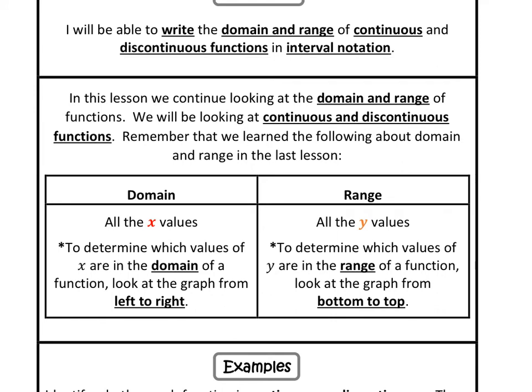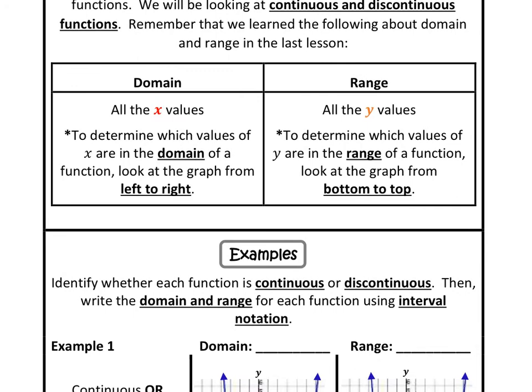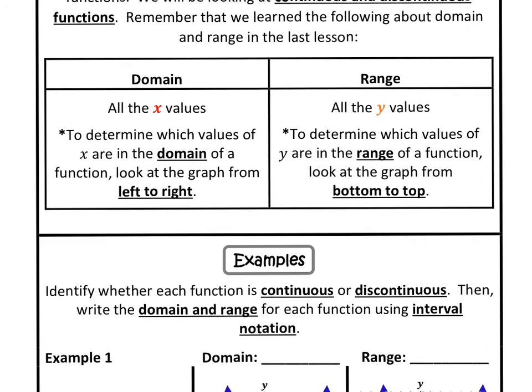One thing I want you to remember, just to go back to the previous lesson and talk about domain and range again. I always like to think of domain as representing all the values on the x. And remember, we were using that spaghetti stick, or a pencil that you can roll on your page, anything that has a smooth surface, like a cylinder surface, to scan through the graph and see what x values the graph covers.